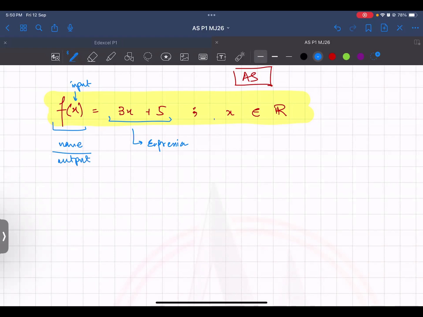And alongside is this part. This is telling me for what values will the function exist. Is it existing?